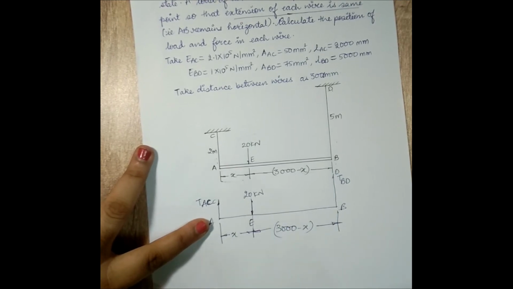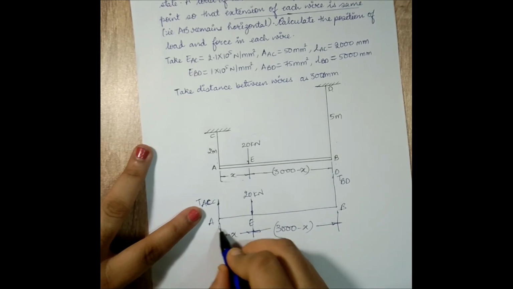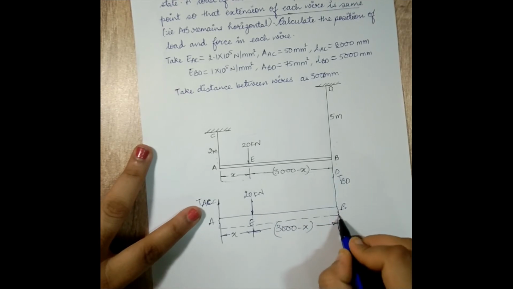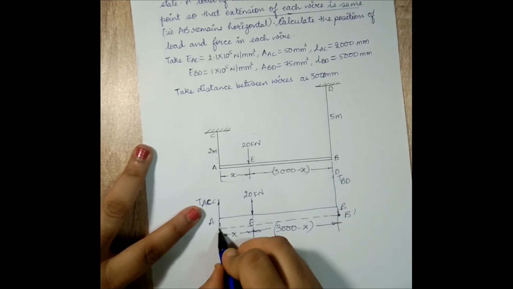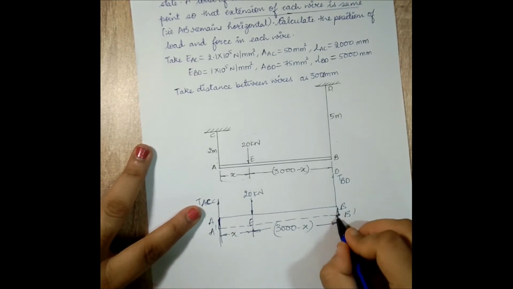If I apply 20 kilonewton, this bar AB will obviously be deformed. So when it gets deformed, say this is the new deformed condition. This is point B dash and this is point A dash. So this is the change which you see.